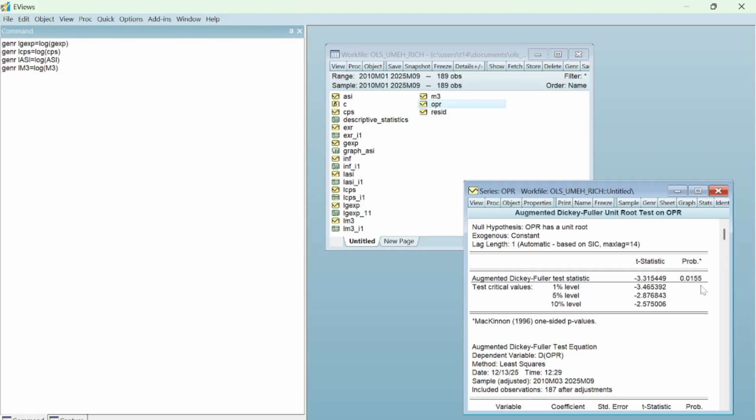So most times, there's always a saying, like if you read, if you want to do ARDL, there are some authors that say you have to have a combination of I1 and I0 for you to do an analysis on ARDL, and then for your ordinary least squares, you have to have your variables to be stationary all at levels or all at first difference for you to do your OLS.